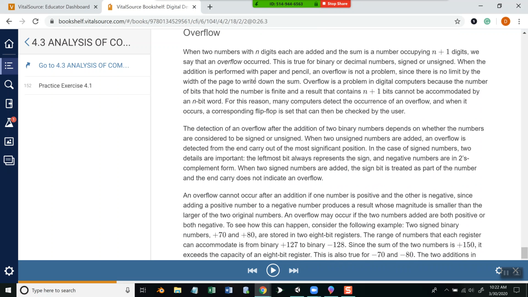Overflow. When 2 numbers with n digits each are added, and the sum is a number occupying n plus 1 digits, we say that an overflow occurred.